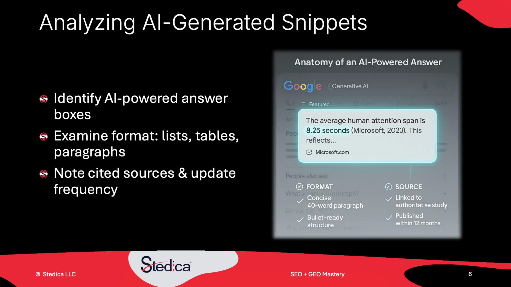Analyzing AI-generated snippets and answers. One of the clearest signs of AI's impact on search is the rise of AI-generated snippets. These are answers that appear directly in search results, even before the top organic links. Google's SGE, for example, can generate complete answers using data from multiple websites.